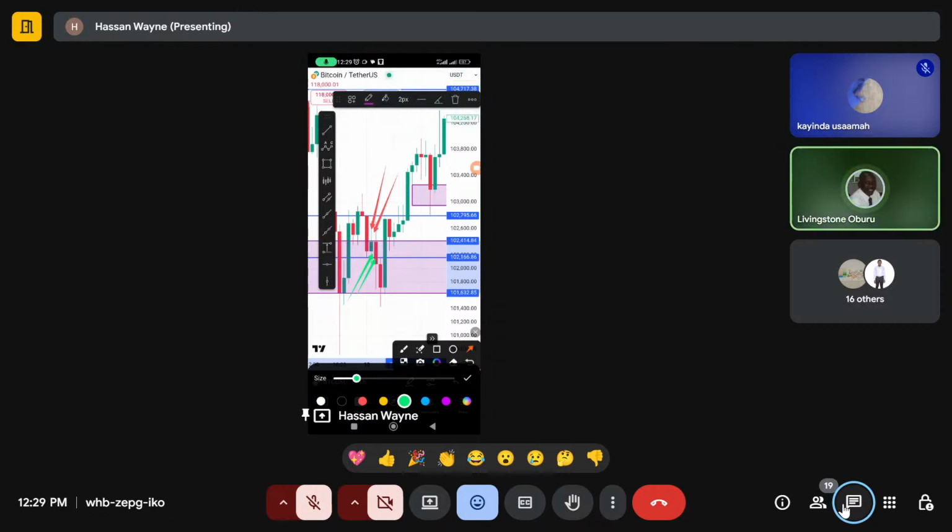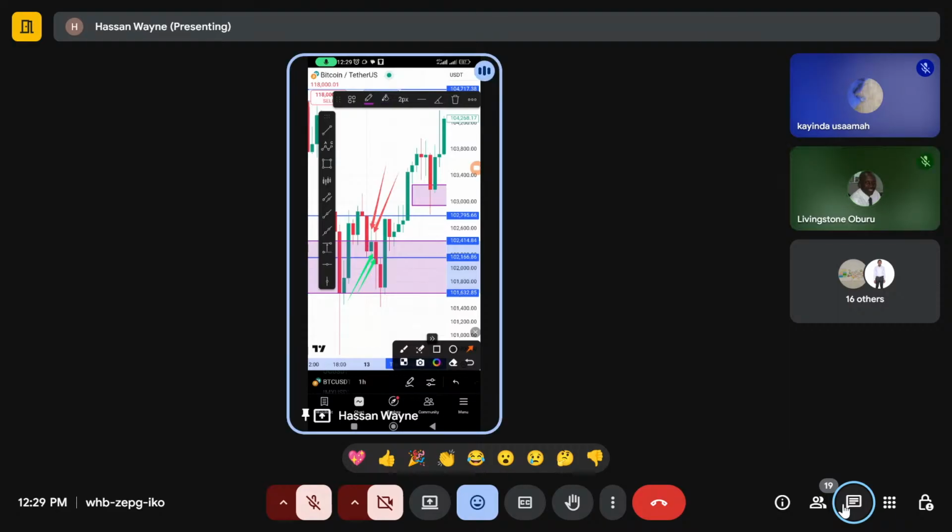Those are on what time frames? Always, when you want to do your analysis using candlestick patterns, make sure you do your market analysis from 1 hour time frame and above: 4 hour time frame, 1 day time frame, then 1 week and above.